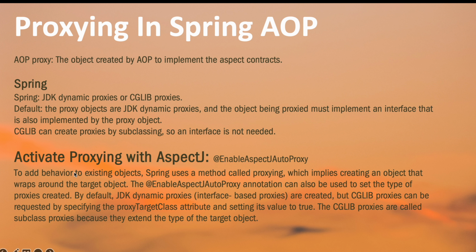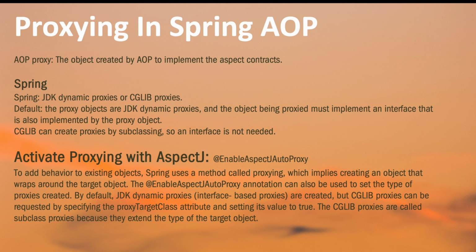To add behavior to existing objects, Spring uses a method called proxying, which implies creating an object that wraps around a target object. The @EnableAspectJAutoProxy annotation can also be used to set the type of proxies to be created. By default, Spring will use JDK dynamic proxy, also called interface proxies.